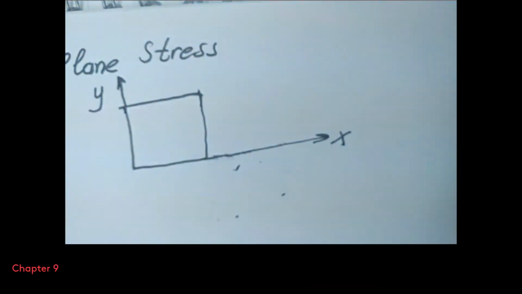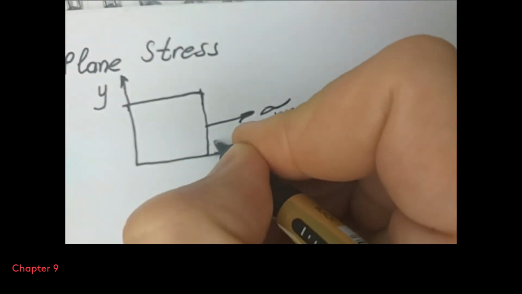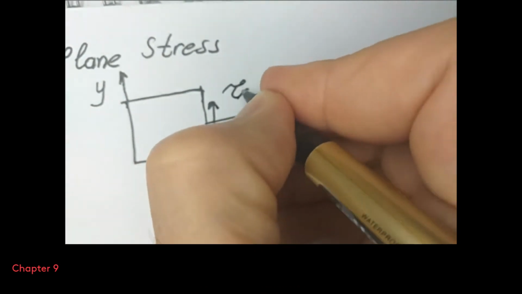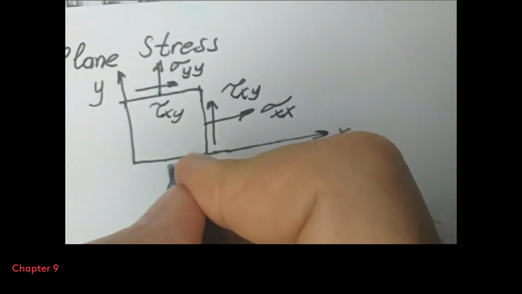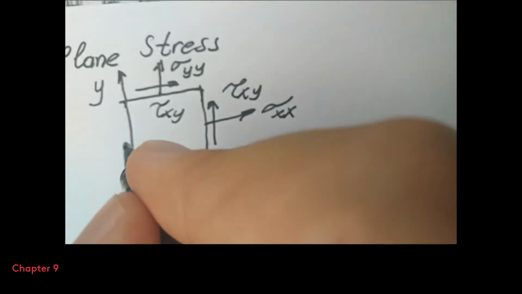Then we have sigma xx, tau xy, sigma yy, and this is tau xy. Certainly we have sigma yy and sigma xx on the opposite faces. These are also tau xy and tau xy.